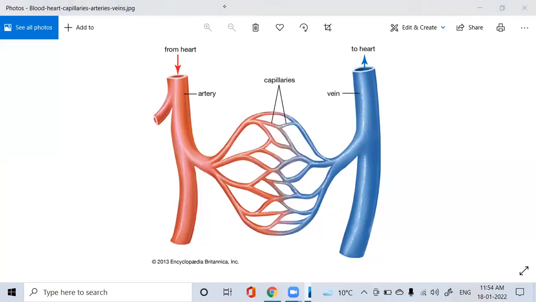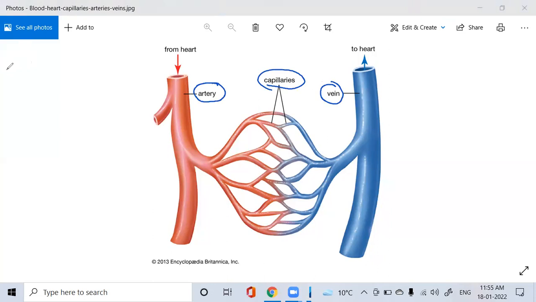On the screen you can see three names. One, red in color, is artery. One, blue in color, is vein. And one is the combination where these two combine with each other, known as capillaries.